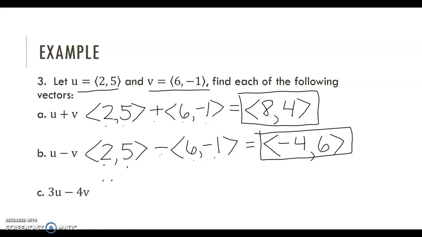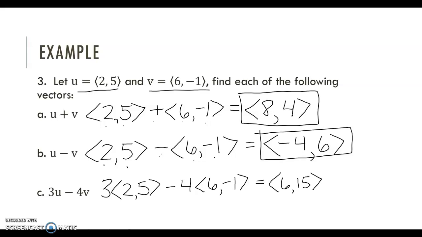Okay, and last one, so 3 times 2, 5 minus 4 times 6, -1. We are going to multiply both of these first, and then we'll subtract them. So 3 times 2 gives me 6, and 3 times 5 gives me 15. I'm keeping the negative. You can also think of this as multiplying by a -4 and changing it to addition. Completely up to you. I'm just going to keep the negative and keep it as subtraction.